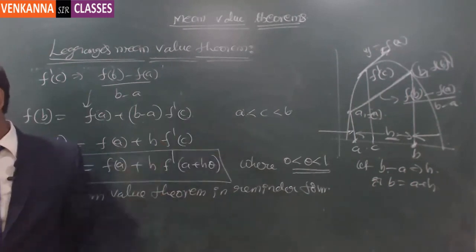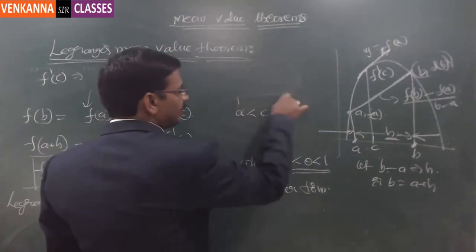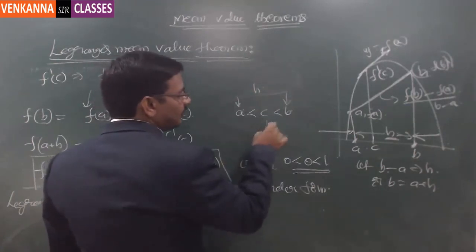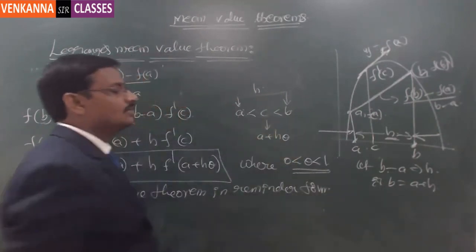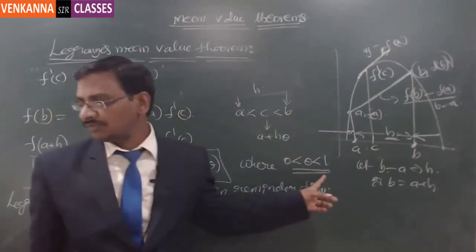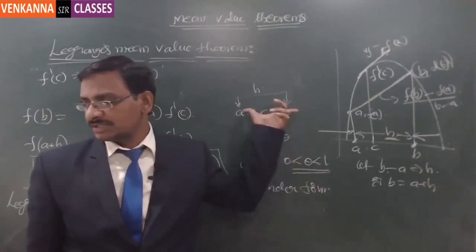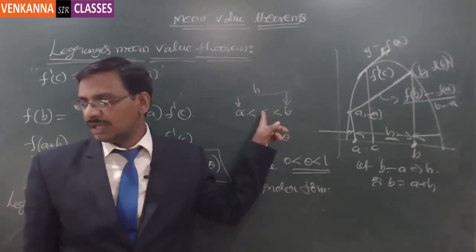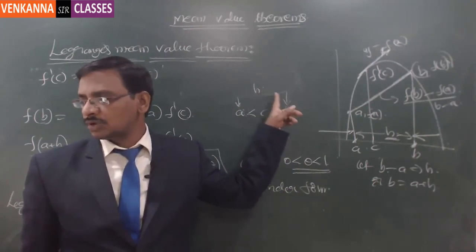If it is in between a and b, and the difference between a and b I am calling h, then this c value I can write as a plus h theta, where theta is in between 0 and 1. Can I write this way? h is this entire distance, and the c value is in between these two. Then a plus h times some factor from 0 to 1.